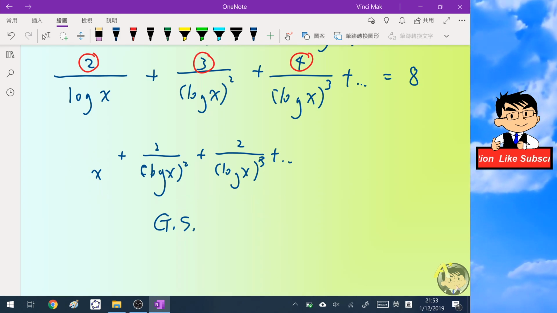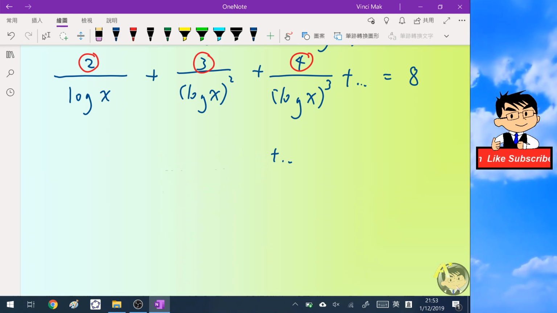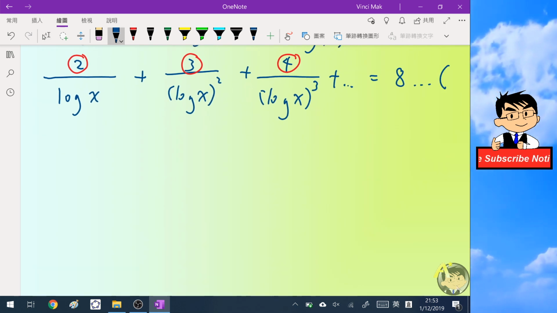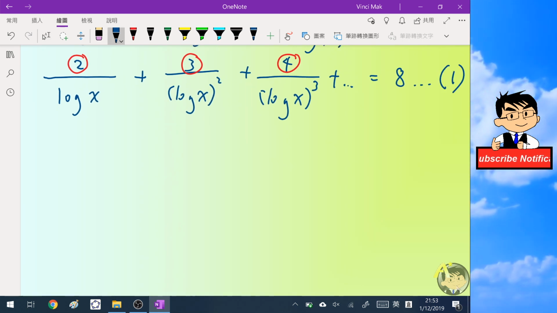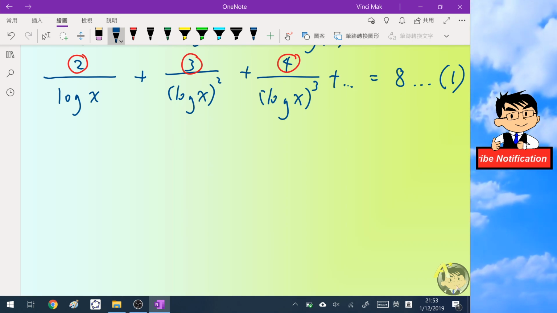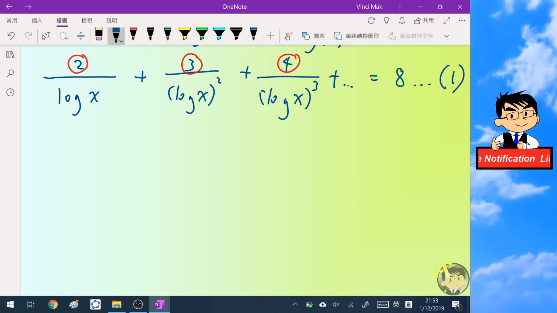So let me erase it, and then I will call this equation 1. So how about we multiply both sides by 1 over log x?